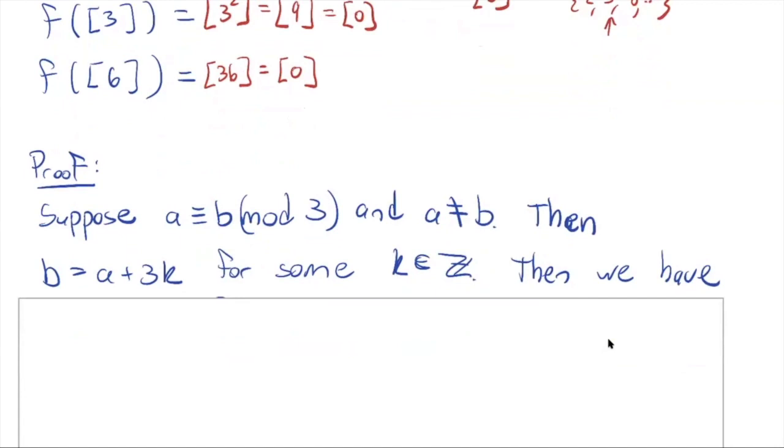So I'm able to claim that B is equal to A plus 3K because this was my assumption. And I should say over here that this is some K in the integers, with K not equal to 0 because we claimed that A and B are different from each other.